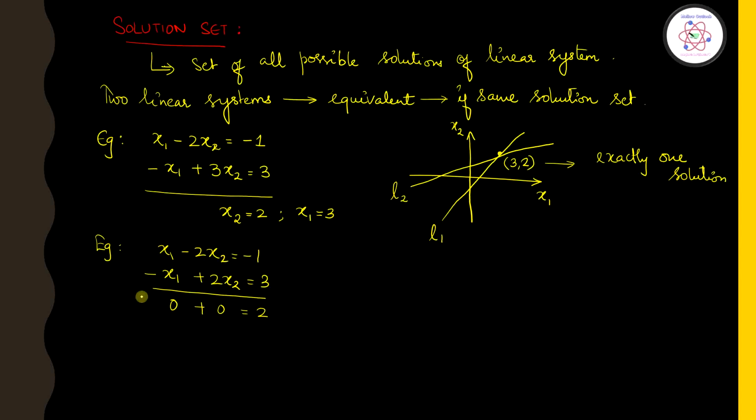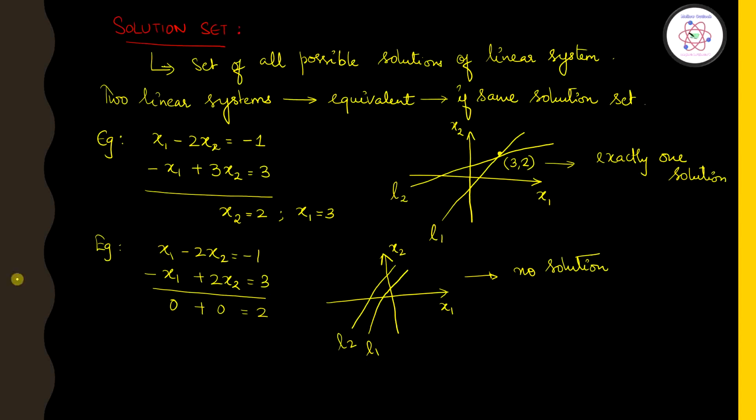So there is no such solution. We are not able to obtain the variables x1 and x2, and if we were to draw x1, x2, these two lines would appear parallel to each other, which indicates that there is no point of intersection and there is no solution.